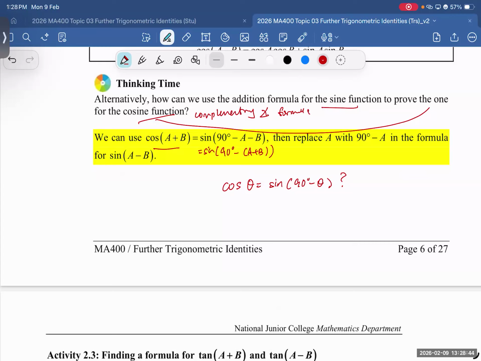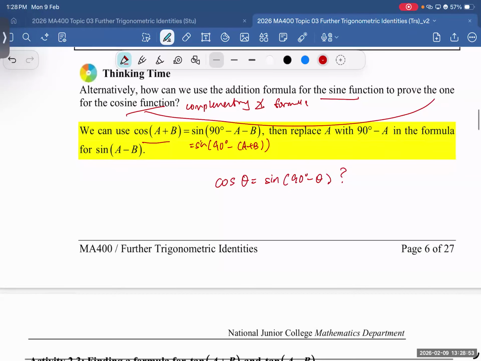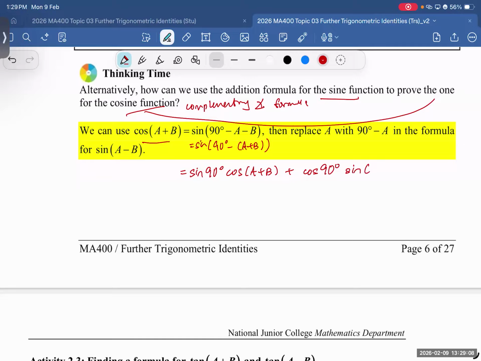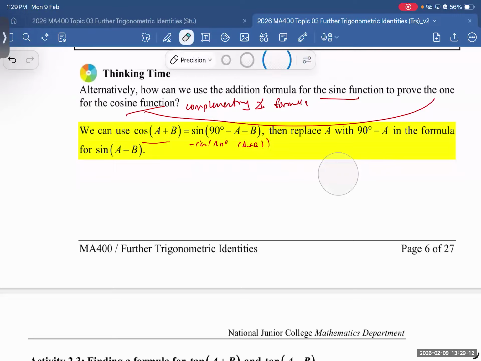Can I multitask a bit: listen, then write, listen, then write. So if this is true, can I say this is the same as sine A cos B plus cos A sine B. Replace A with 90 minus A, sorry.